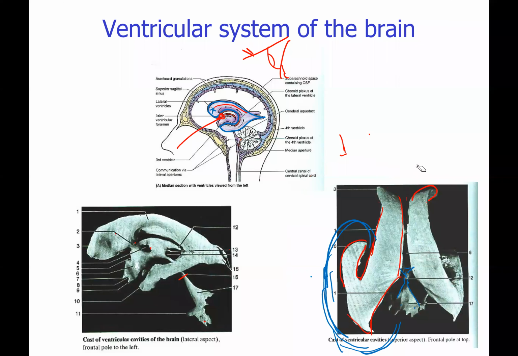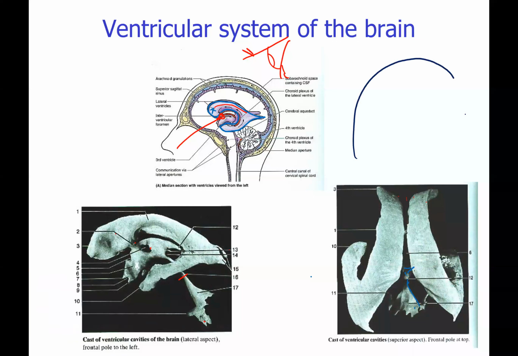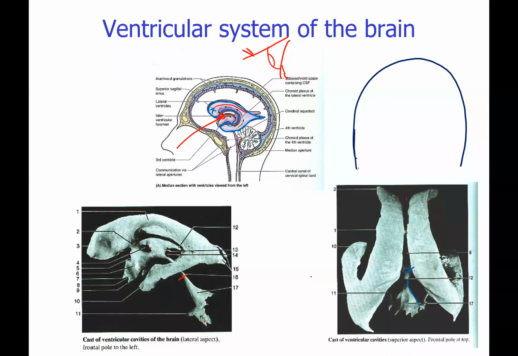Now we were discussing these spaces, the meninges and the meningeal spaces. Coming back to it, if I try to draw the skull here, and this is your dura mater attached to the skull, that attached layer is called the endosteal layer of dura mater.